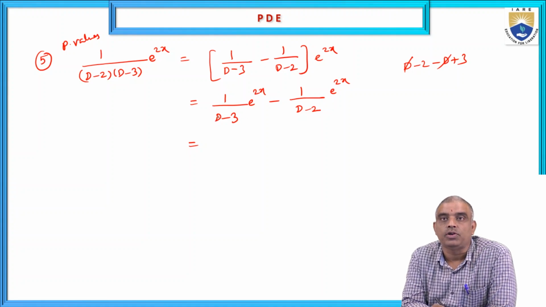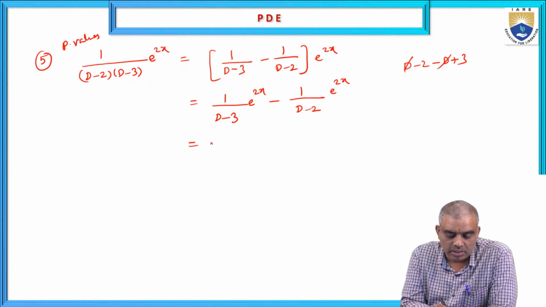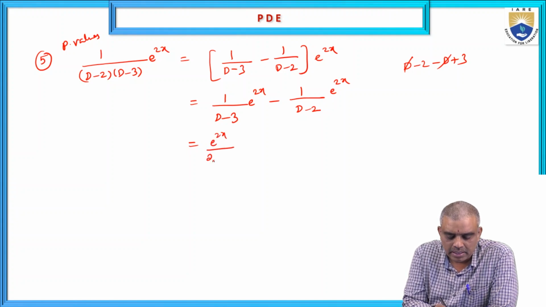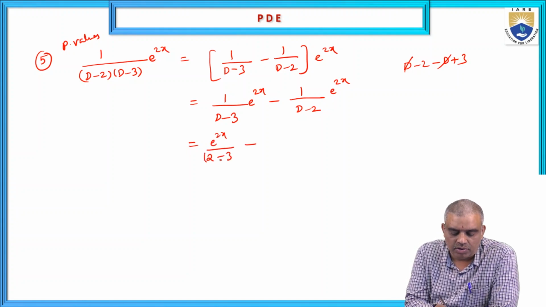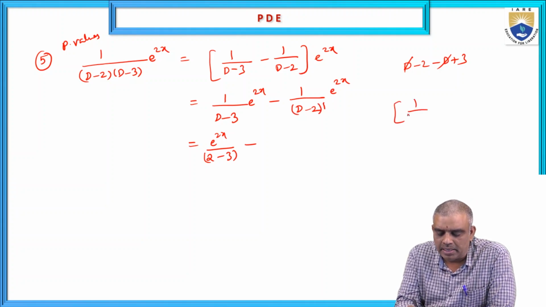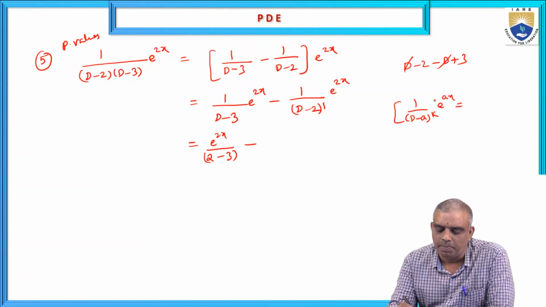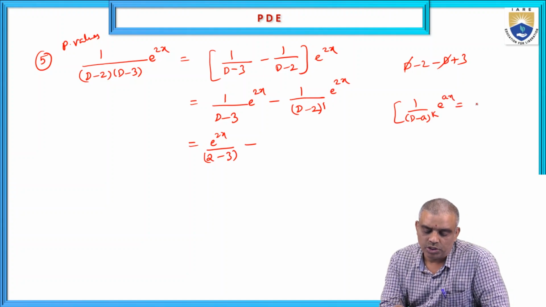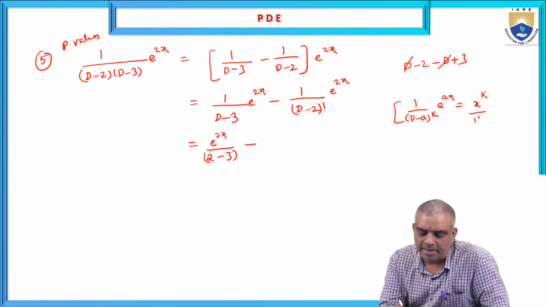Just replace D by a if f(a) is not equal to 0. That means e power 2x by 2 minus 3, because it is not equal to 0. If it is 0, then what is the formula? 1 by D minus a whole power k of e power ax. That means when you replace D by a, the value is 0, then the formula will be x power k by k factorial into e power ax.